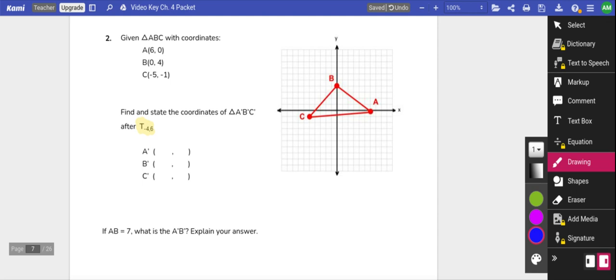And sometimes when I see this, what I like to do is to write it up here and write subtract 4, add 6. Subtract 4, add 6, subtract 4, add 6. So if I take 6 and I subtract 4, I get 2. 0 plus 6 is 6. For point B, 0 minus 4 is negative 4. 4 plus 6 is 10. And lastly, negative 5 minus 4 is negative 9. And negative 1 plus 6 is positive 5.